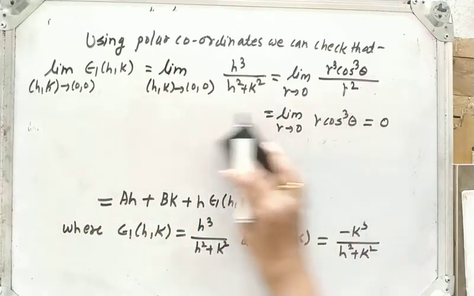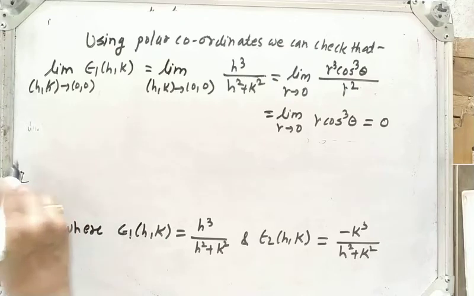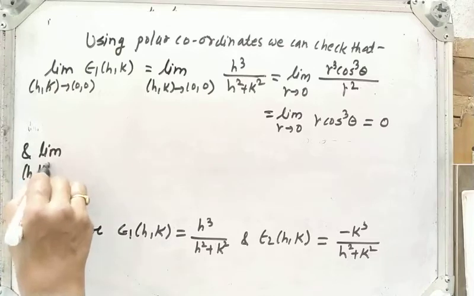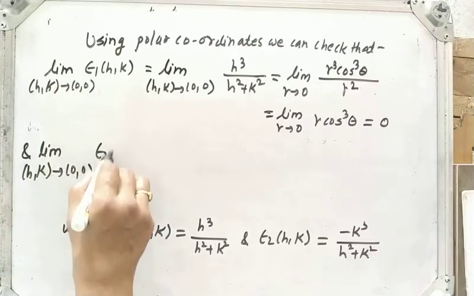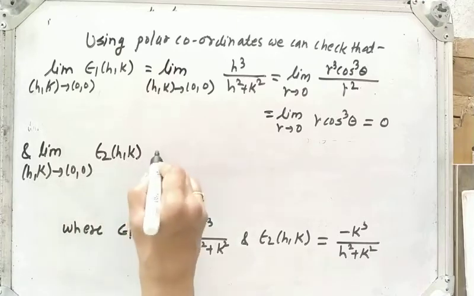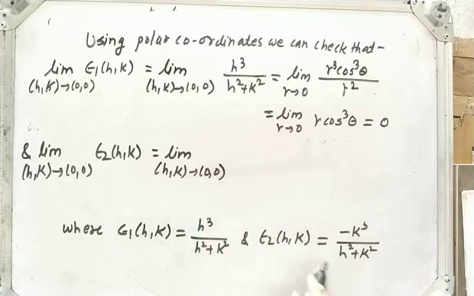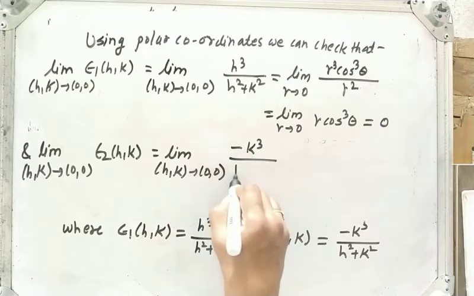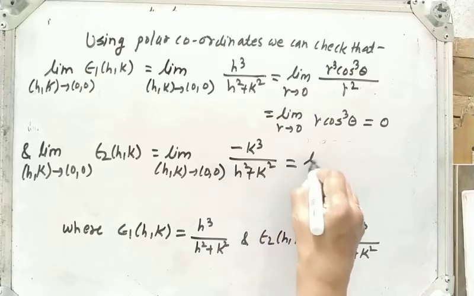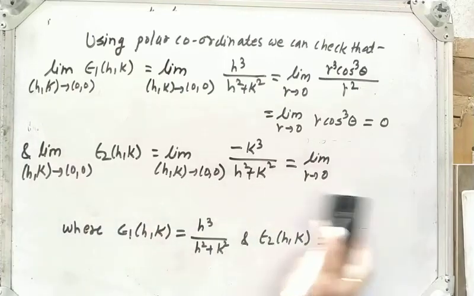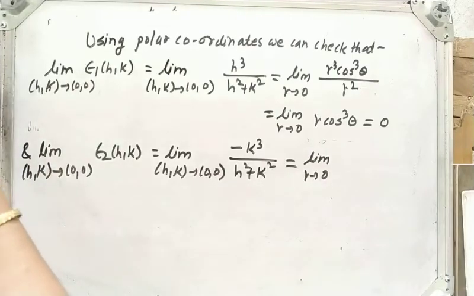Similarly let us check for epsilon 2, the limit of epsilon 2 of hk as (h,k) tends to (0,0). What is our epsilon 2? It is minus k cube upon h square plus k square. Using polar coordinates, the limit as r tends to 0, we replace h by r cos theta and k by r sin theta.